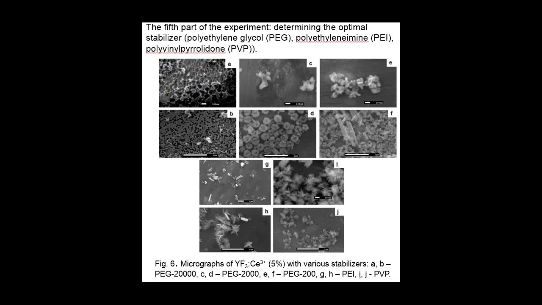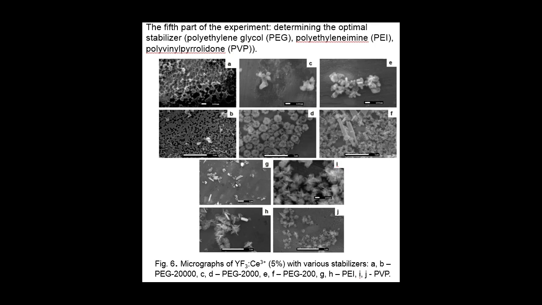In the case of polyethylenimine, which you can see on microphotographs G and H, we couldn't get particle size less than 500 nanometers. And in the case of polyvinylpyrrolidone, which you can see on microphotographs I and J, the morphology of the particles is more uniform, however, it still has a lot of sharp edges.